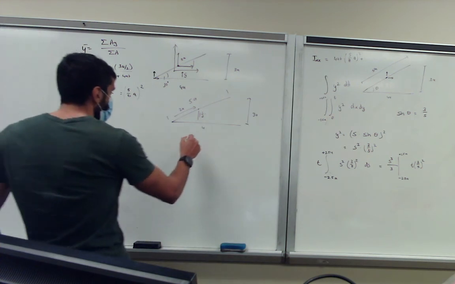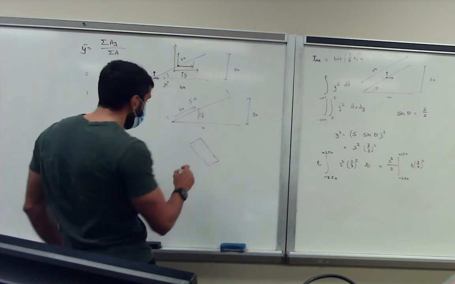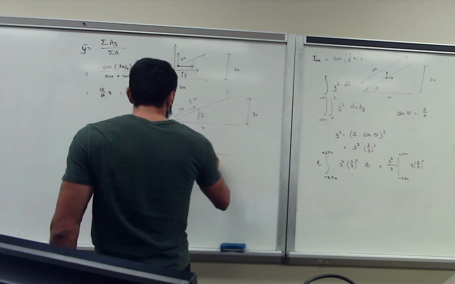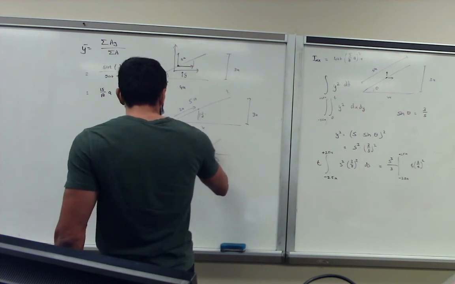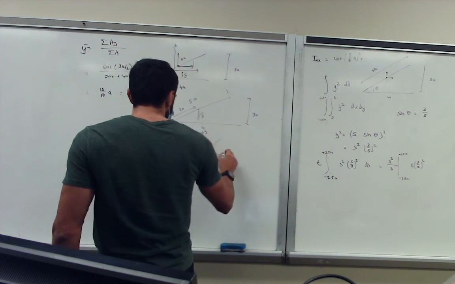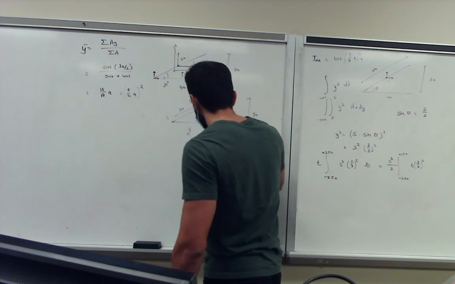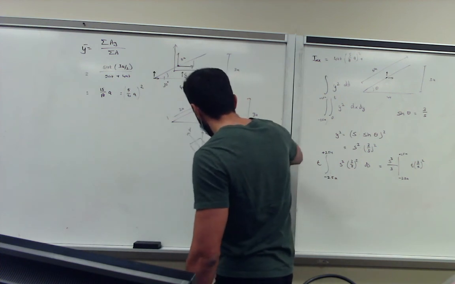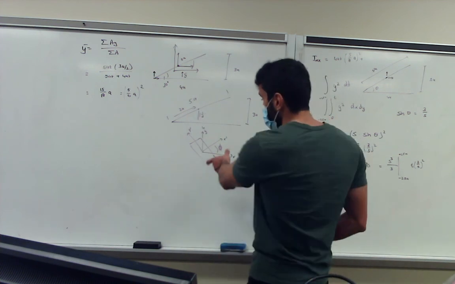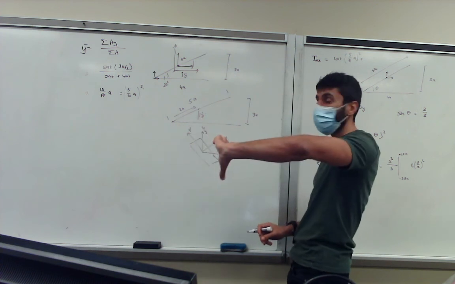This is your y coordinate transform, this is your x coordinate transform, and this is how they define the phi angle on the formula sheet. So we don't translate to the left or counterclockwise, we translate clockwise.